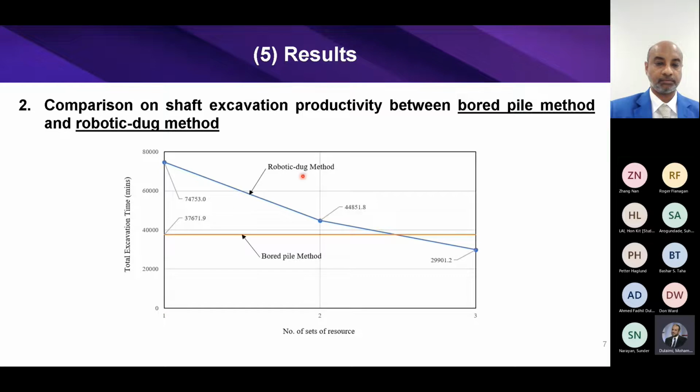However, the robotic method has advantages of less working space and ease of mobilization compared to the bore pile method. If this advantage is taken into account, more sets of resources may be utilized and excavations of multiple caissons can be done concurrently. The overall productivity of the robotic method can be improved and even outperform the bore pile method, as shown on this graph.